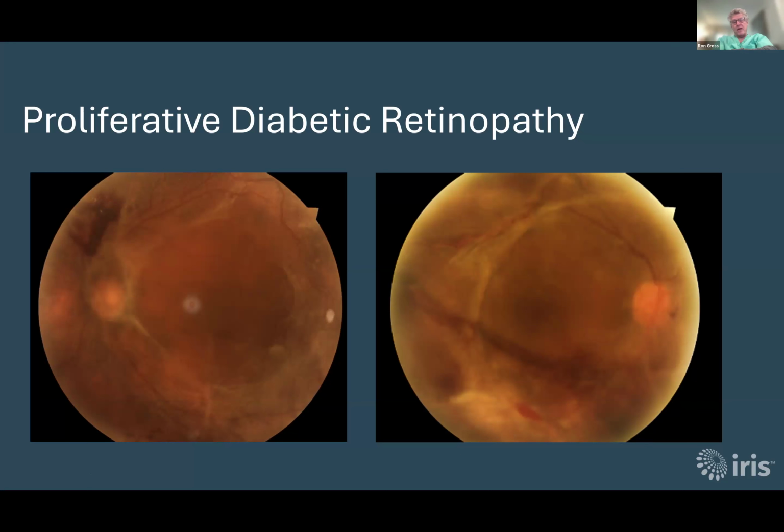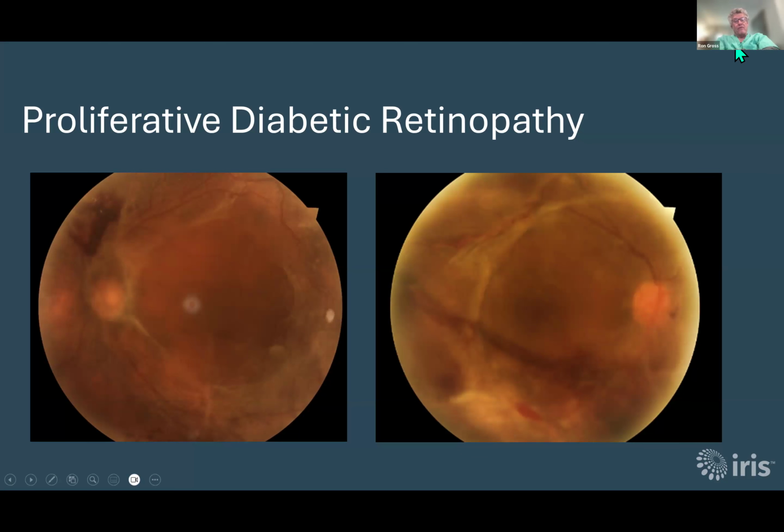At this point, this patient has severe vision loss. Probably they can see the big E or a little bit better, but not much better than that. So this is totally deformed. And though we can do surgery in this case to fix it, it's never going to go back to where it was.